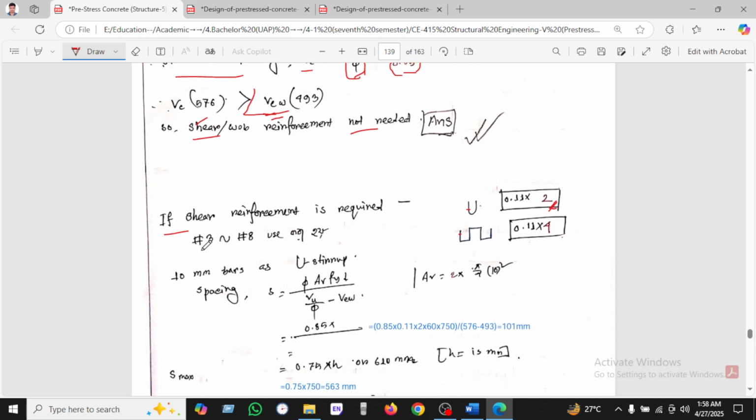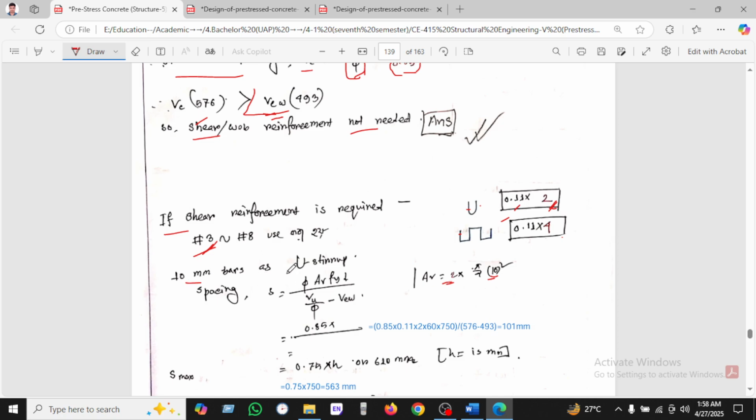Okay, so let's take the area of the bar, which is 3 to 8. As we are using 2 legs and only 3 number bars, which are 10 millimeter, we find this value, which is 0.11, and multiply by the stirrup.